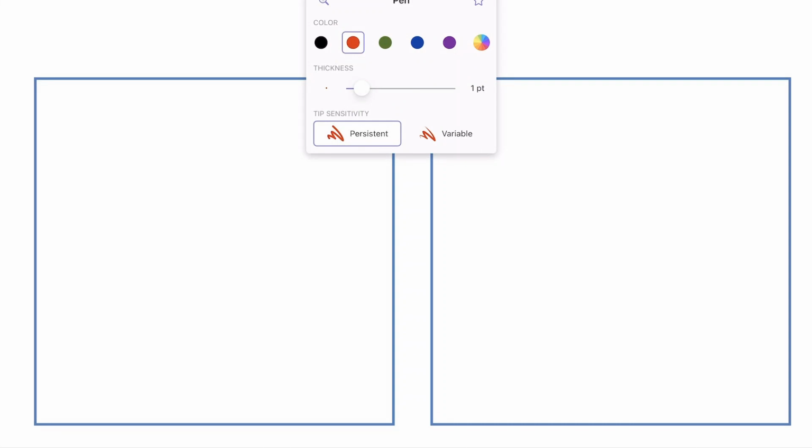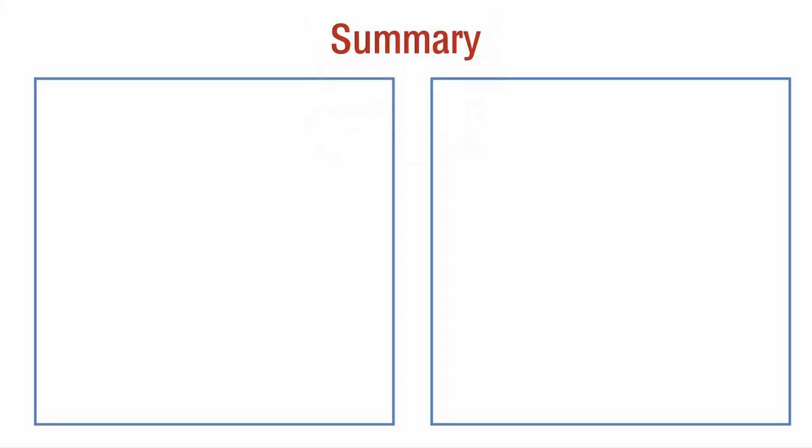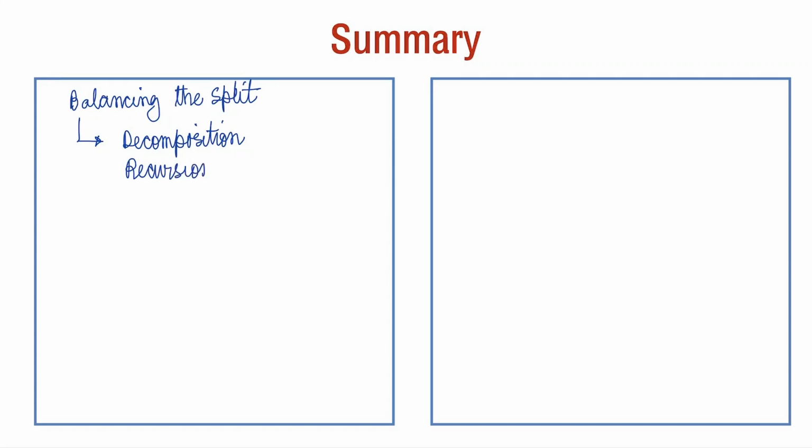So we now summarize that the divide and conquer approach is about balancing the split and ensuring the decomposition, recursion, and the recomposition steps.